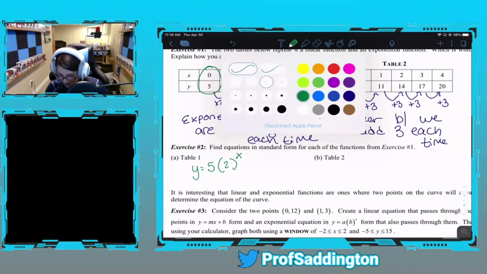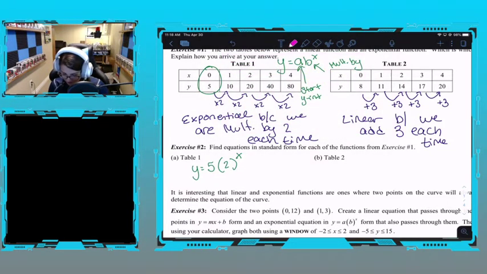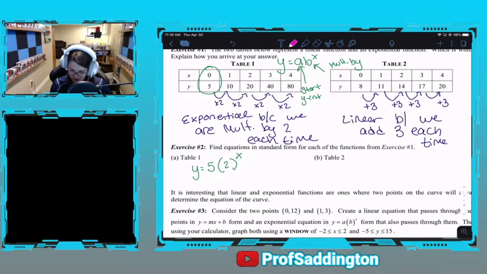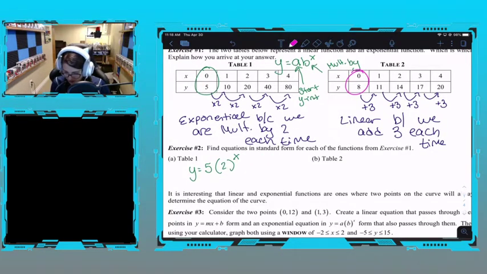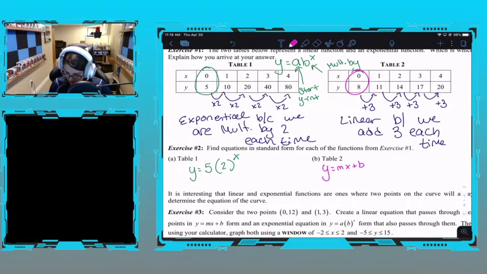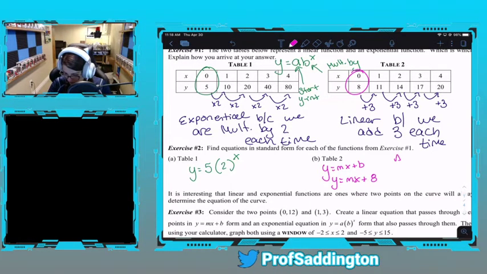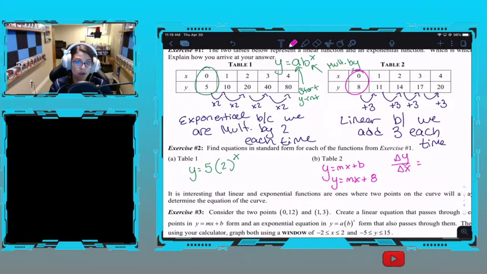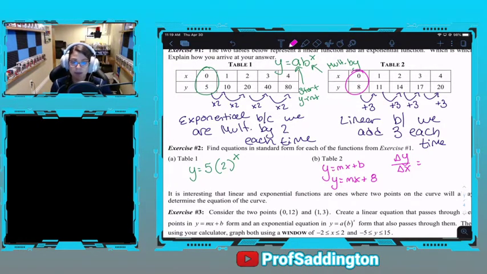If you pull out your notes from last lesson, you'll see some similarities there. With table 2, that's just a linear example, which we've been creating those equations for a while. So we have our y-intercept at (0, 8). Remember, a line is y equals mx plus b. So we know that it's going to be plus 8. Now we just need to find the slope. Remember, slope is change in y over change in x. You just have to pick 2 pretty points to find the slope.